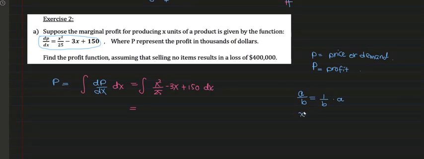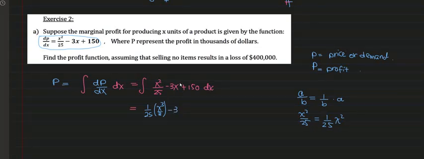And because here we have x to the power 2 over 25, we need to take 1 over 25 away from the x to the power of 2, because this is the expression that we integrate. So we can have 1 over 25 and integrate the x to the power 2. It will be x to the power 3 over 3. The power is not -1, so we add 1 and divide.